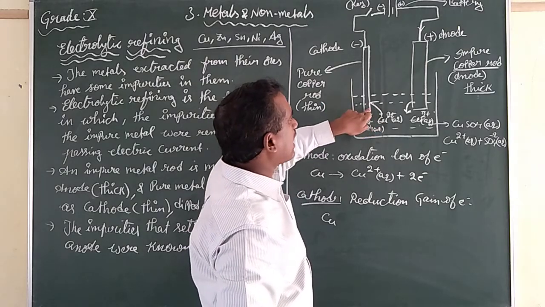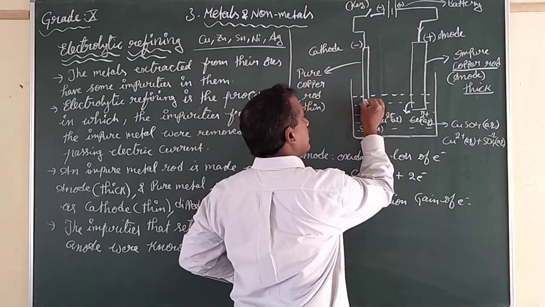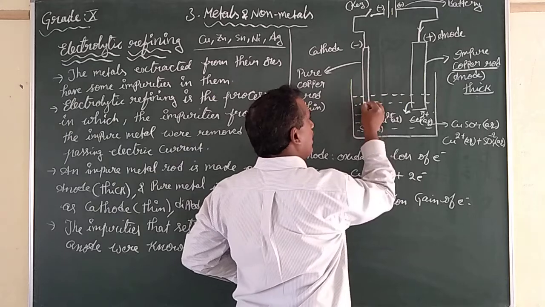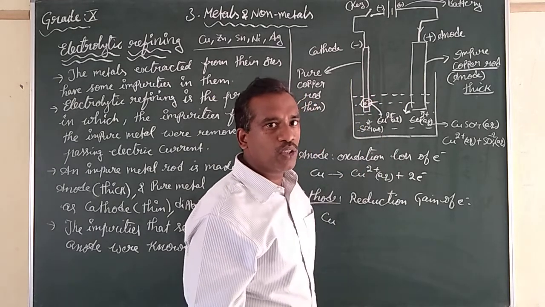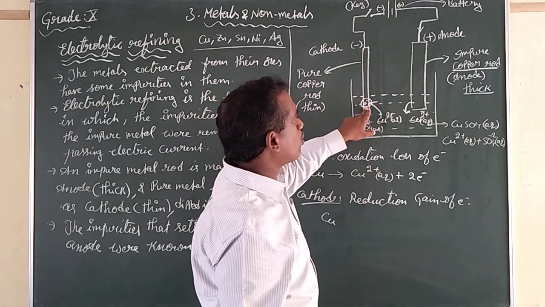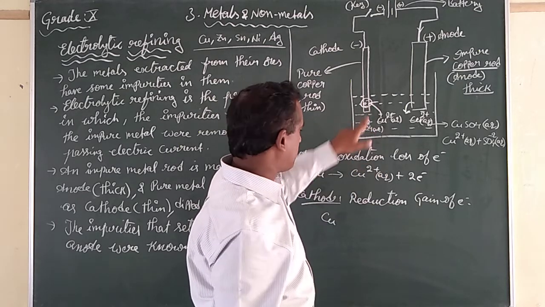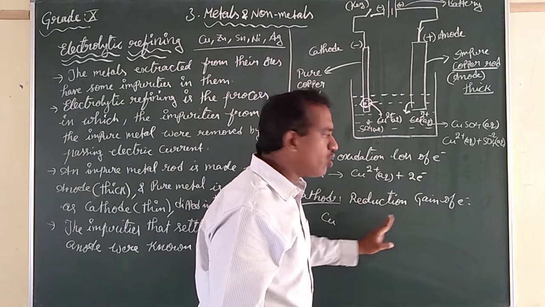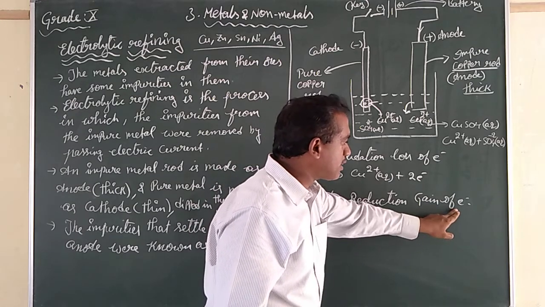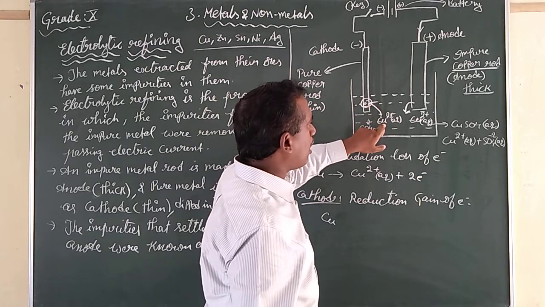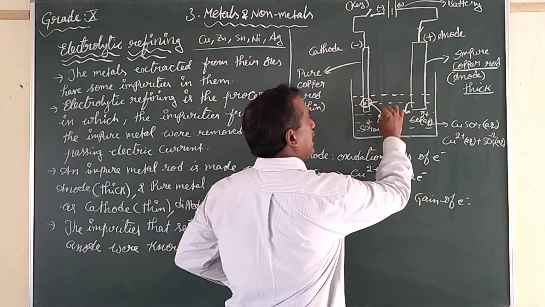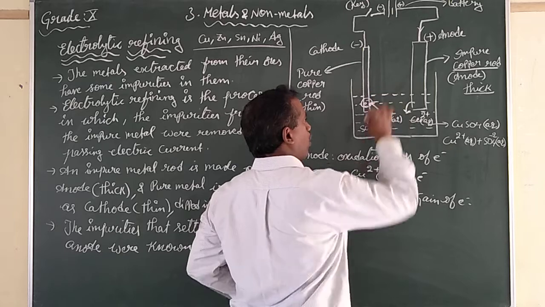Because at the cathode, what charge is present? Negative charge is present. Negative charge means that is due to the presence of electrons. So on the cathode, electrons are present. What are we saying at the cathode? Reduction takes place. Reduction is gain of electrons. These electrons will be given to the copper, meaning the copper ions will be attracted towards these electrons.